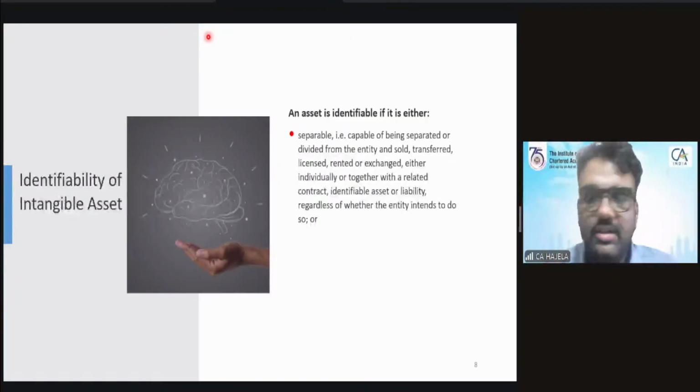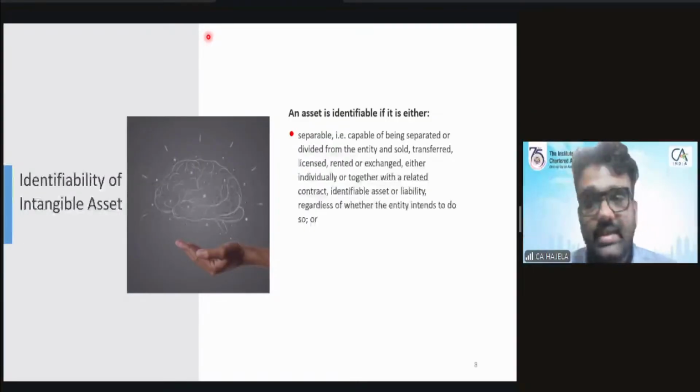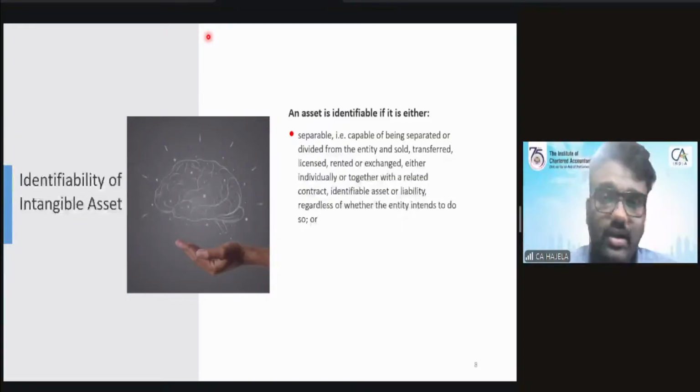The directors, the top management, the middle management, the field workers, everyone is exceptional in their capabilities, and they are better than the competitors. Now, my question to all of you: is that an asset for the company? Is that an intangible asset for the company? And can the company identify this intangible asset?